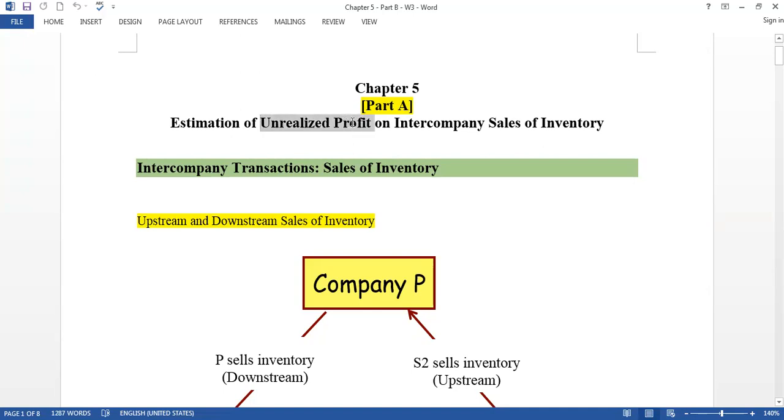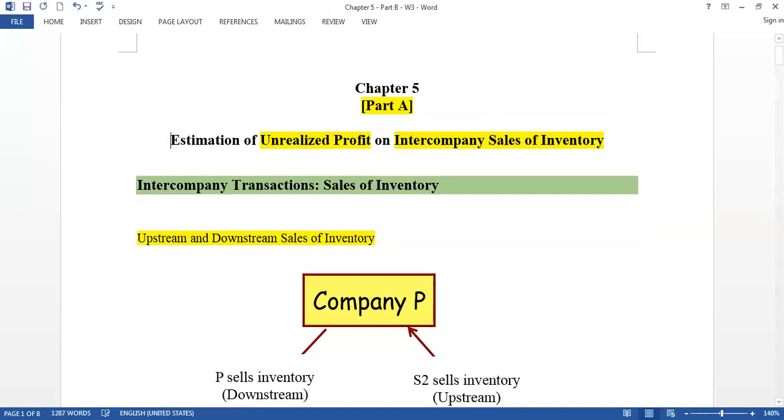So you should know what is the meaning of unrealized profit related with intercompany sales of inventory. We have some unrealized profit, and these profits are related with the intercompany sales of inventory. So what is the meaning of intercompany?